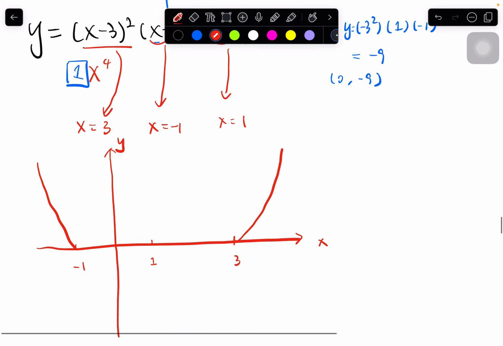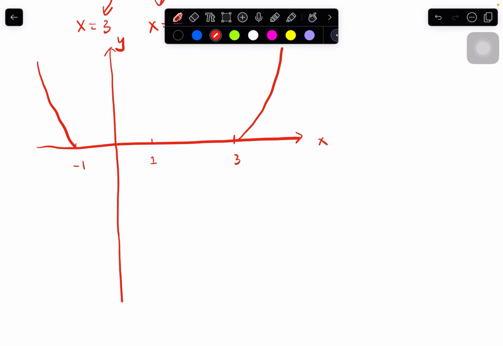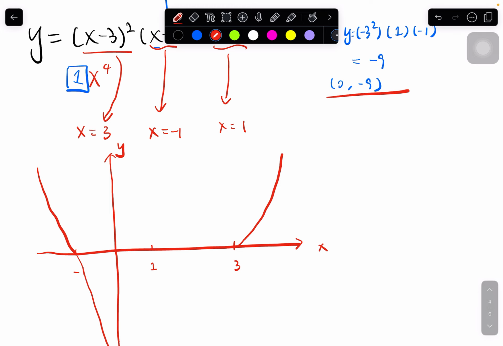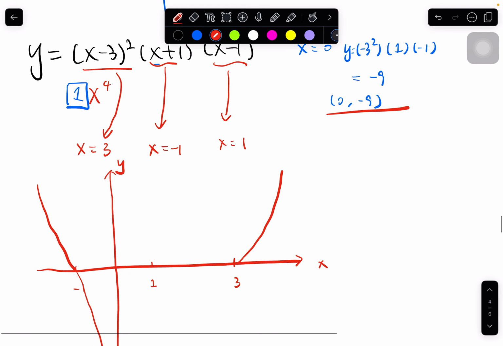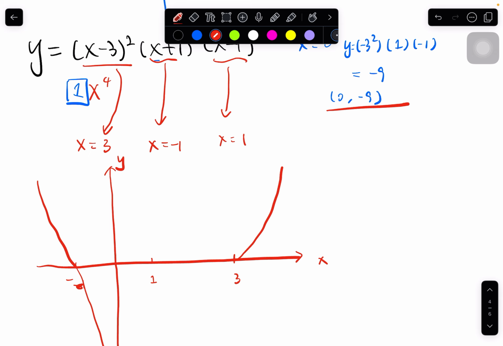And now we know that the y-interception is 0, minus 9. So here is about like this. This is minus 9, let's say. And now we can roughly sketch this graph. So here, this is minus 1.